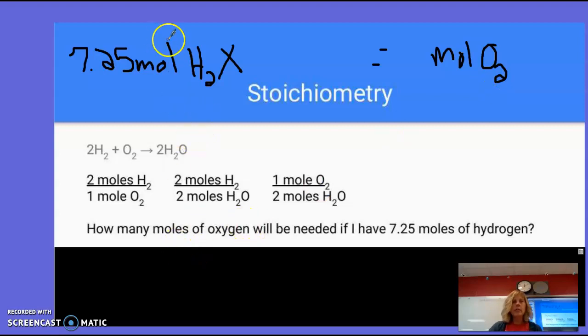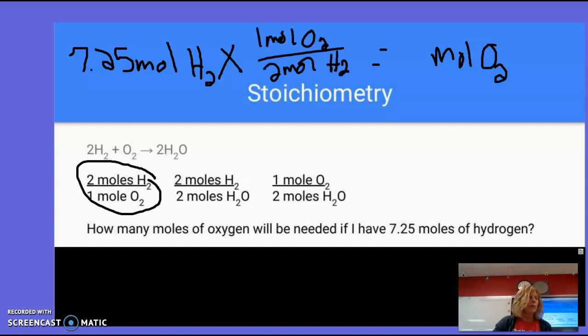My conversion factor, I need to get rid of hydrogen and end up with oxygen. So yeah, actually this first one right here, but I'm going to have to flip it. If I do the calculation, 1 mole of O2 over 2 moles of hydrogen, I get 3.625 or 3.63. Remember, this is like my recipe to see how much I could produce there.